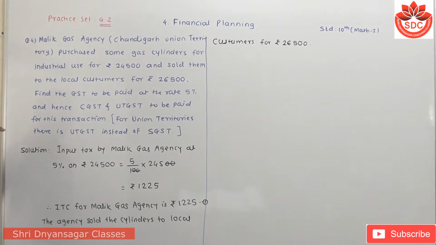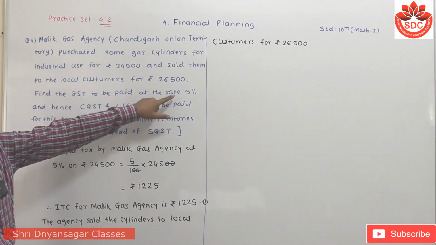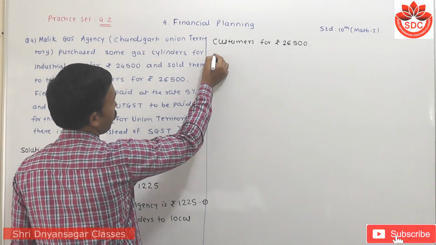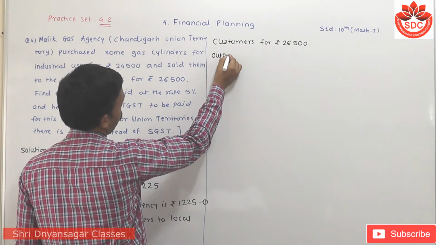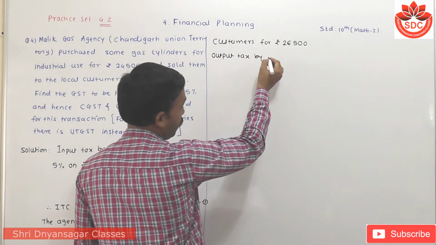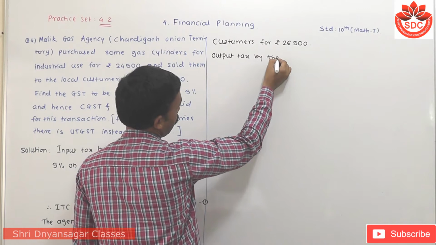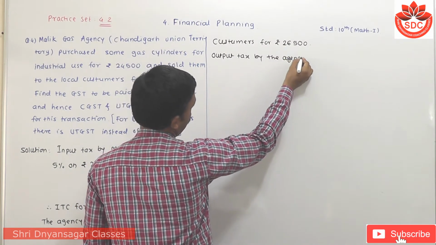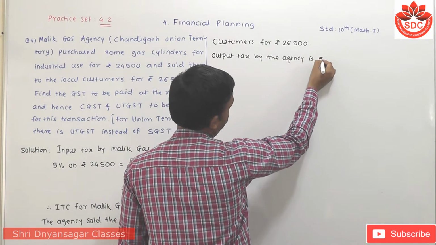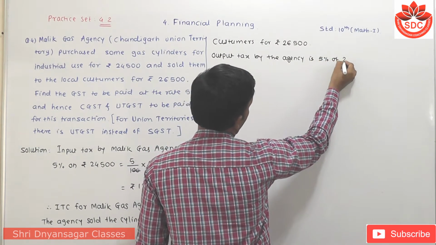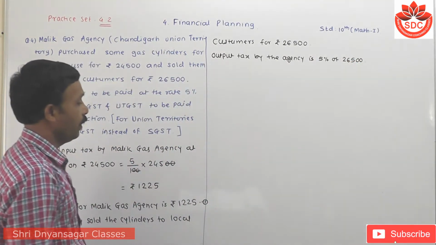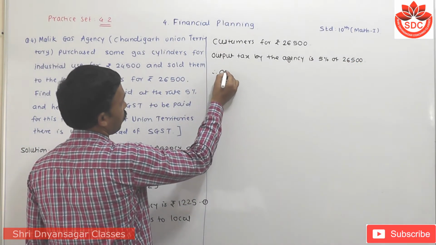Now here the rate is also 5%. Therefore, the output tax by the agency is 5% of 26,500 rupees.